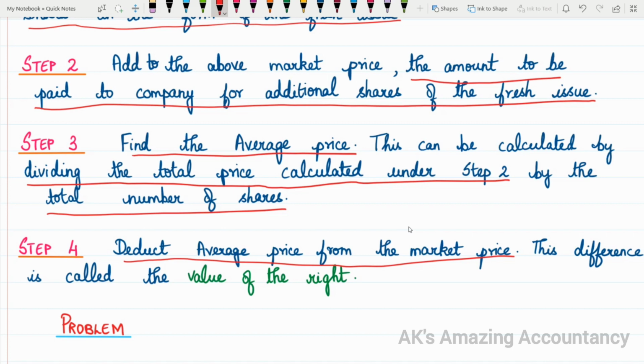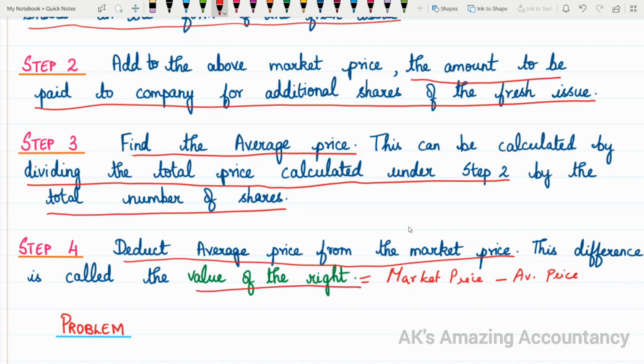So value of right is equal to market price minus average price. So market price minus average price, that will give you the value of the right.